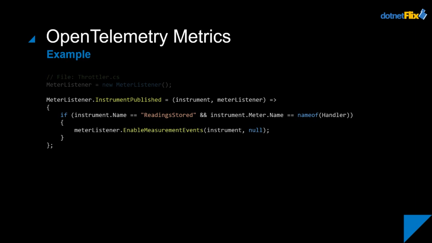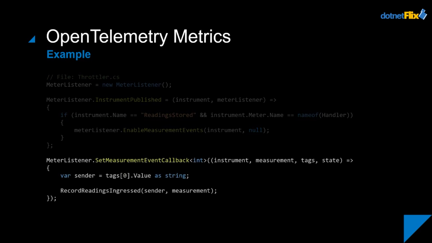When the instrument that you want to listen to has been constructed, you call the enable measurement events method on the meter listener, in which you add the instrument that you want to listen to. The second thing you have to do is add a measurement event callback, which is called when a measurement is actually made.